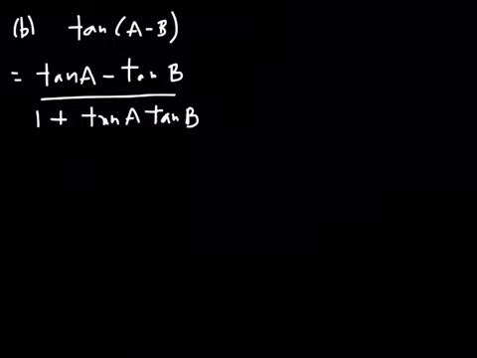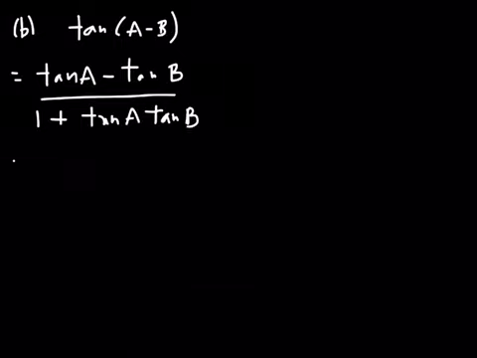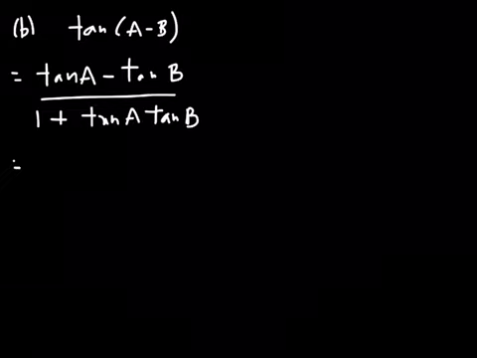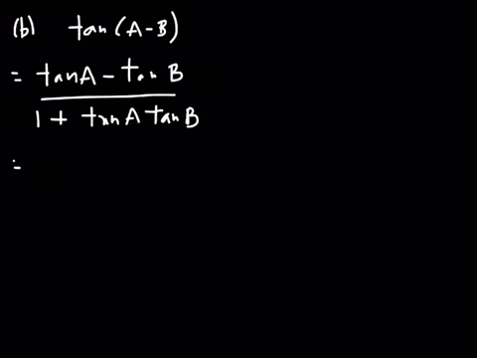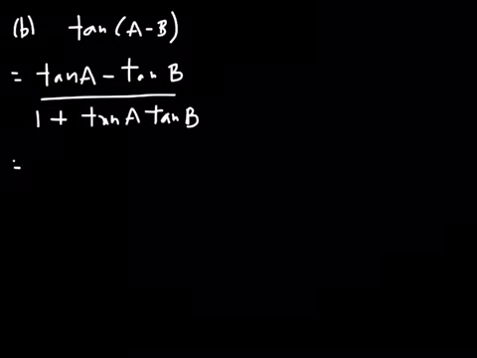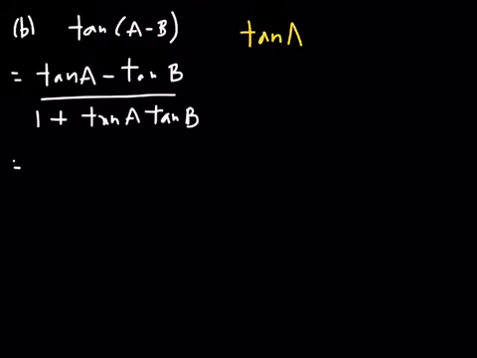Like that. All right, let's see. Now, we know what sine of A is. We know what cosine of A is. We know what sine of B is. And we know what cosine of B is. So let's figure out what tangent of A and tangent of B are. All right, so tangent of A, of course, is sine of A over cosine A.